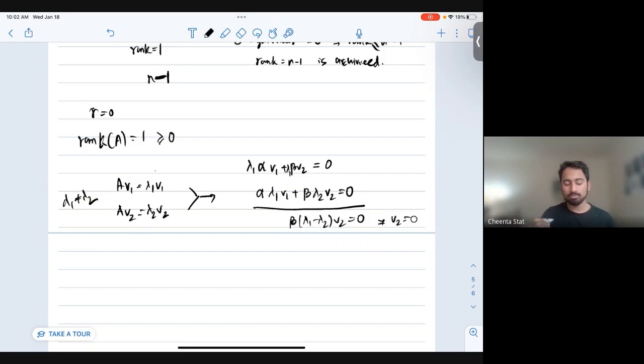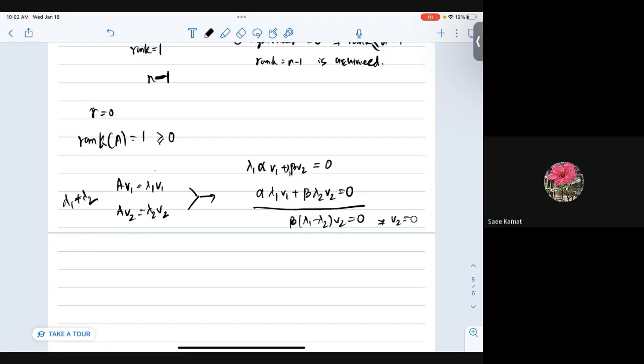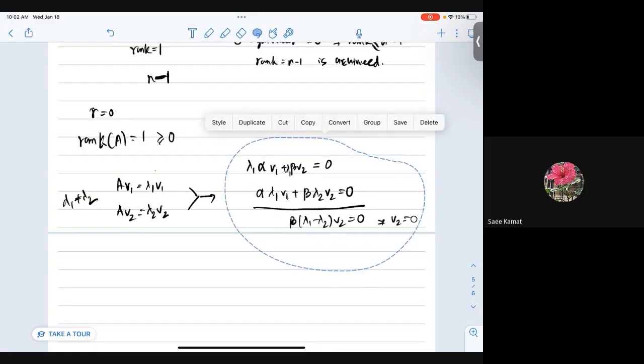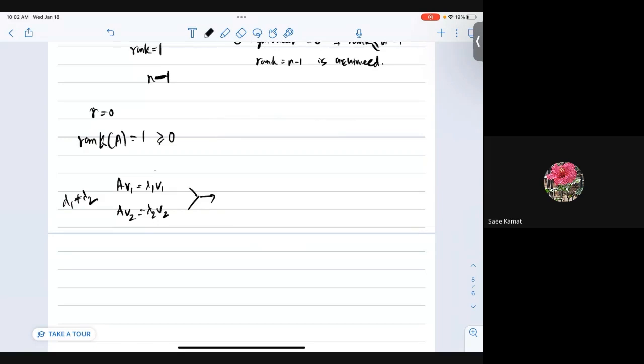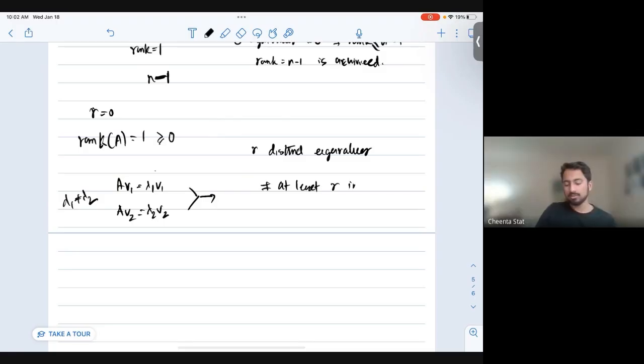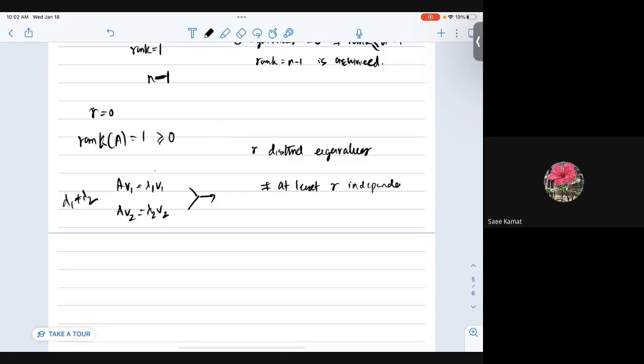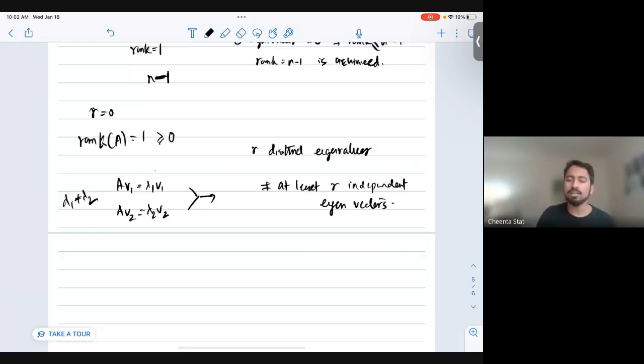So the idea is that, yes, SK. Can you repeat the thing once again? If we have R distinct eigenvalues, then we have at least R independent eigenvectors, or just R independent eigenvectors? At least. Yeah, because we know there are at least R distinct eigenvalues, so at least R independent eigenvectors.